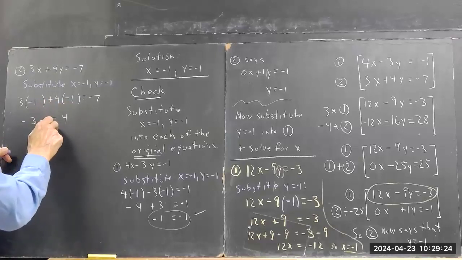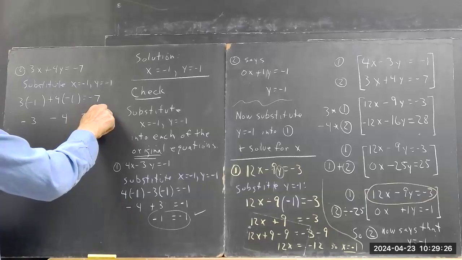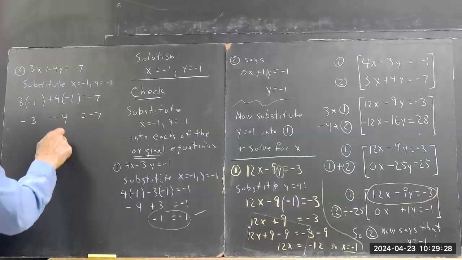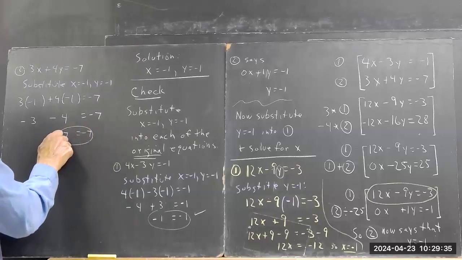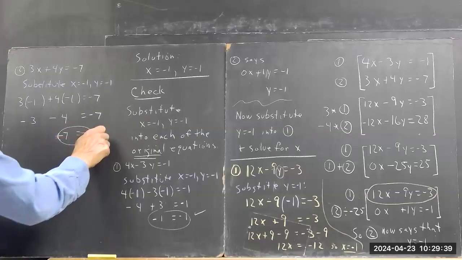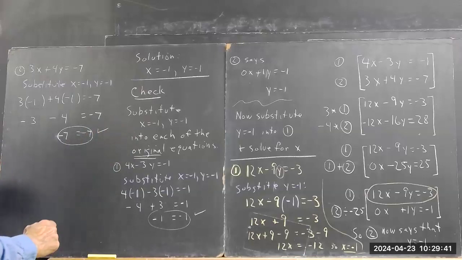It's plus a -4, which is just -4, equals -7. And we add this up and we get -7 equals -7. Throw the monstrous negative sign there. But okay, now we're sure our solution works.